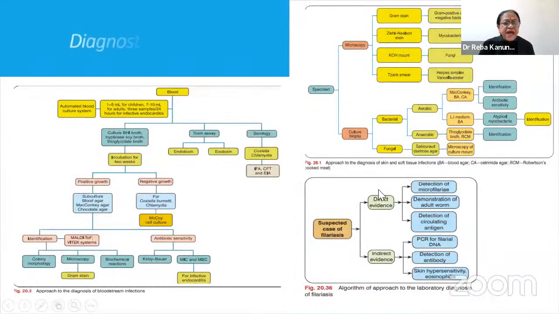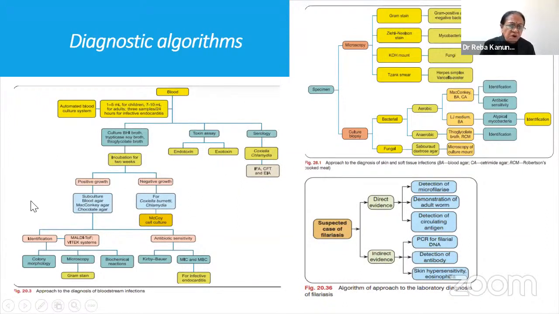Then next we come to the diagnostic algorithms. Now, diagnosis is actually overarching or almost similar for many of these infections. But what we have done is we have taken out the specifics. Like, for example, in bloodstream infection, what do you do? You collect the blood, then you culture in various methods. Then you could do a toxin assay, you could do serology.